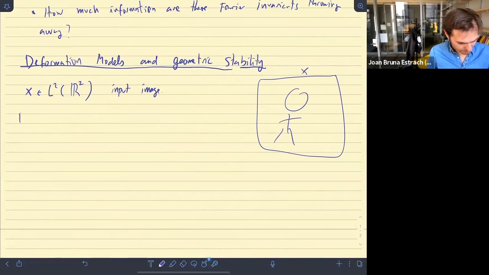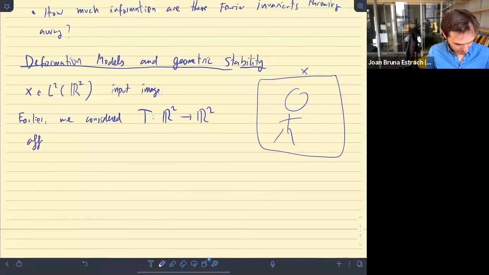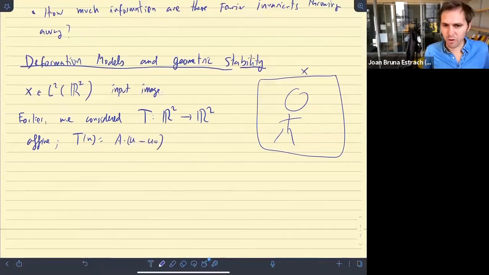Before, as a transformation, we considered mappings from R2 to R2 of this form: P of U was some A times U. That's the kind of transformation that we had before.